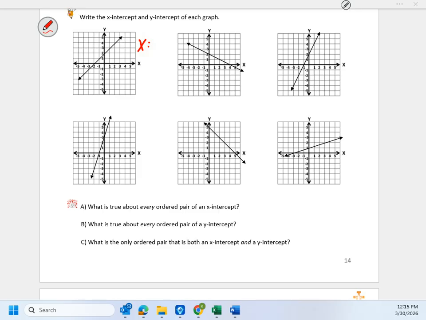What would that ordered pair be? Henry? Wait, no, 0, -2. Careful. If it's the x-intercept, where does that 0 have to be? It's -2, 0. That 0 has to be for the y, so our x would be at -2.